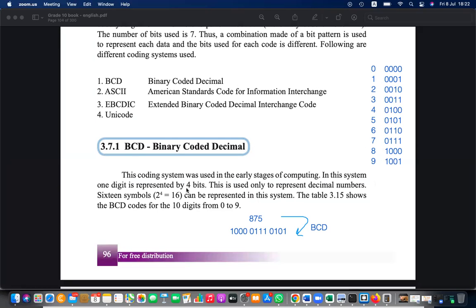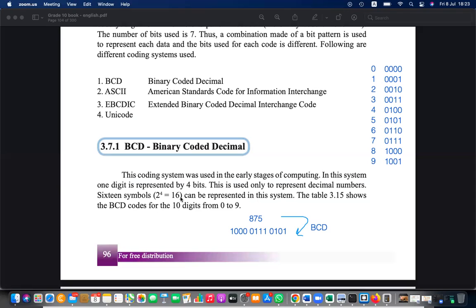It can go up to 16 symbols only, 2 to the power 4. So can we represent letters in these 16 symbols? A, B, C, D, E, F, G, H, I, J, K. How many letters are there in the English alphabet? 26. So it is not enough, because it has only 16 combinations.